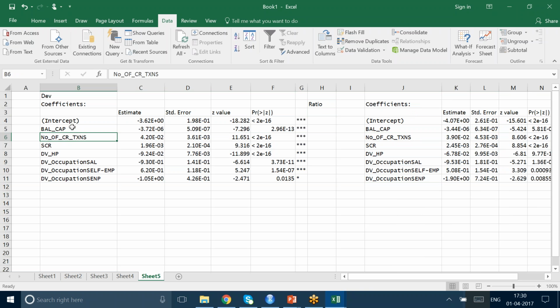Otherwise you put one thing up and another thing down, and also categorical variables have to be in the same order.